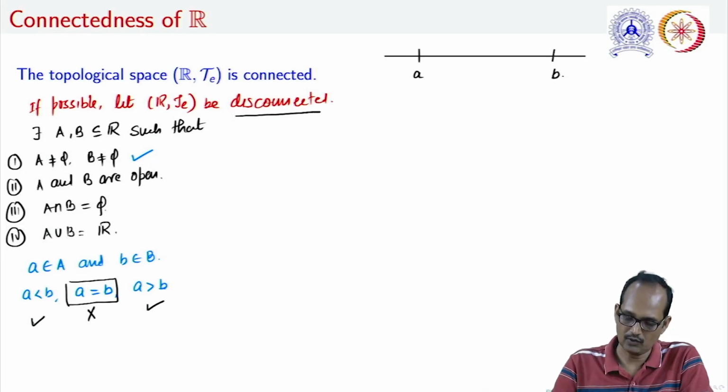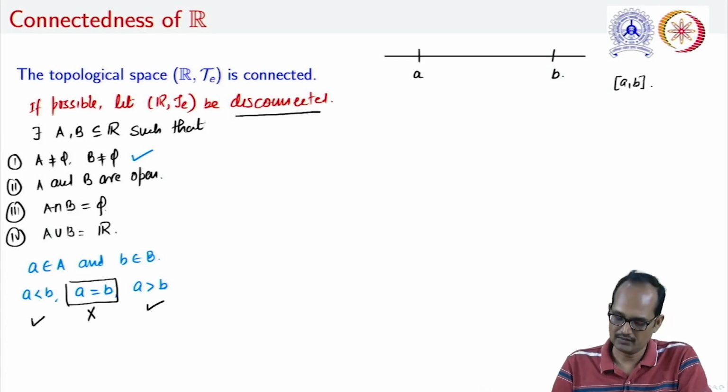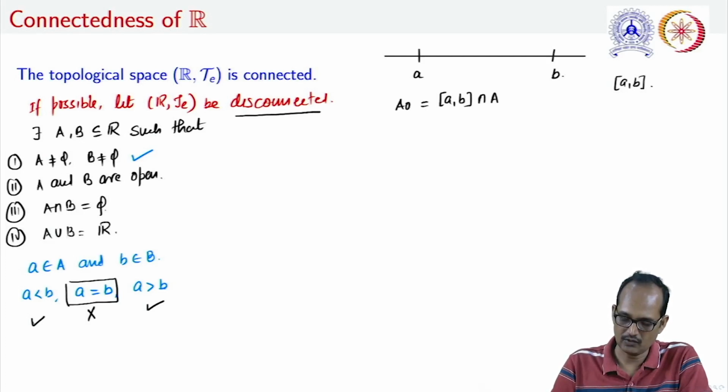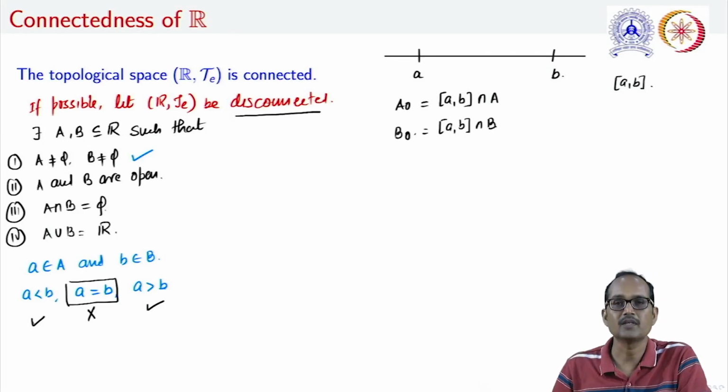Now, we can talk about this closed interval [a, b]. Let us construct some subsets of [a, b]. Let us take [a, b] intersection A and name it A naught, and similarly, if we take the closed interval [a, b] intersection B, let us take this as B naught.